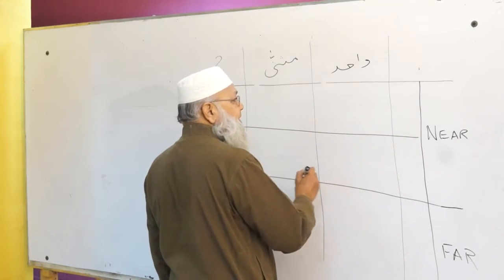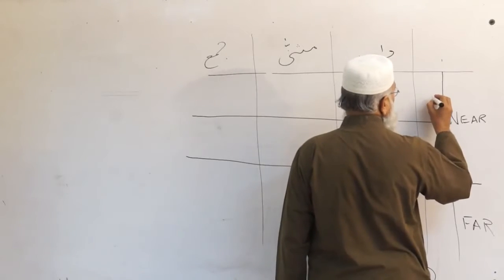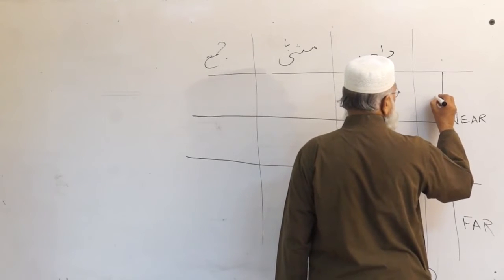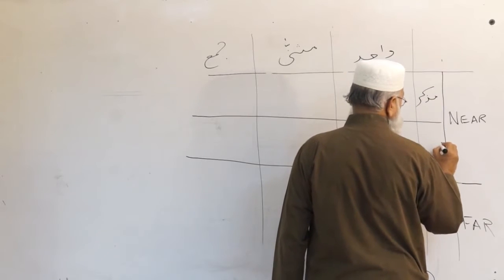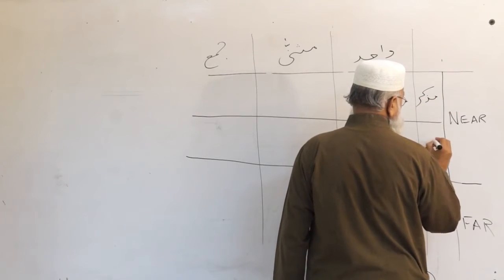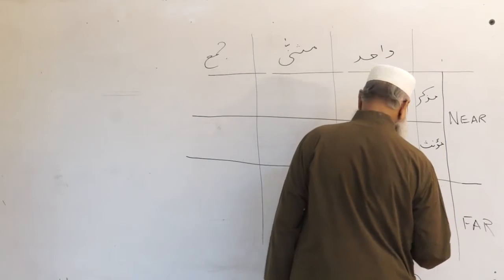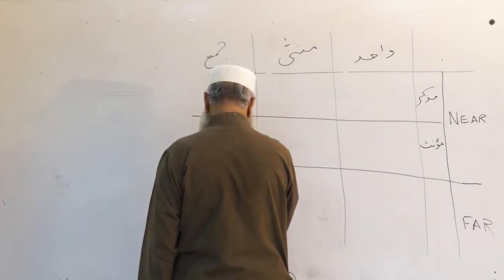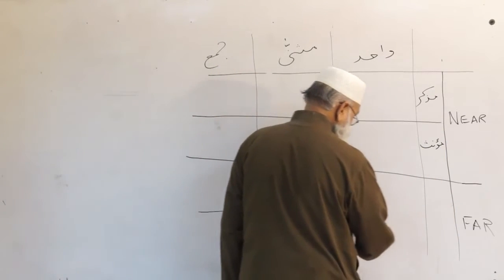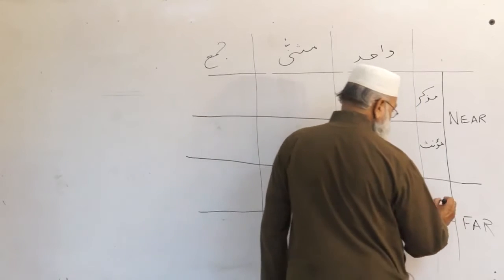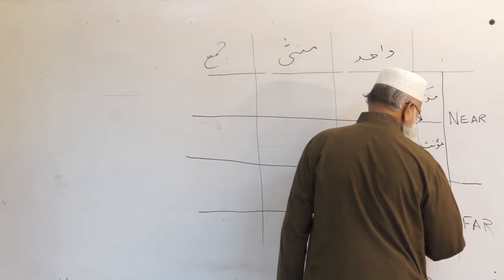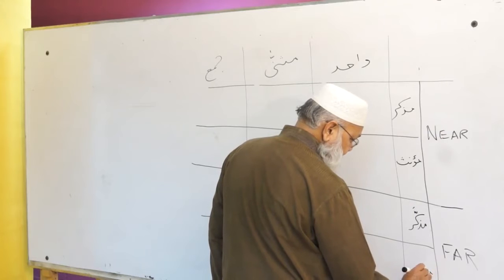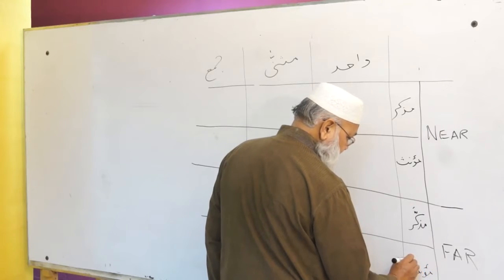Then there will be further division, form for masculine, mudakkar, and then you'll have a feminine form, that is muannath. Again, here you'll have the same division. You'll have a masculine form, mudakkar, and a feminine form, muannath.